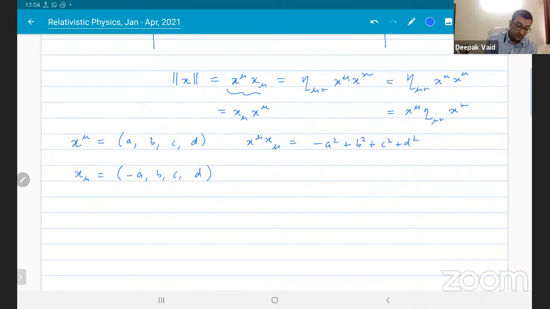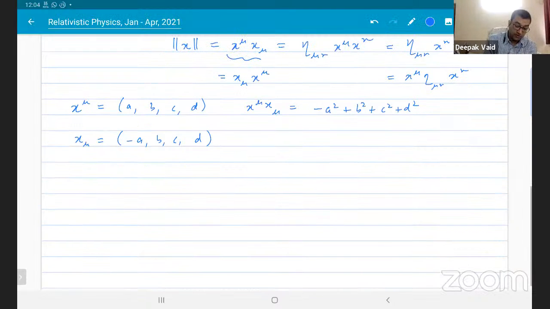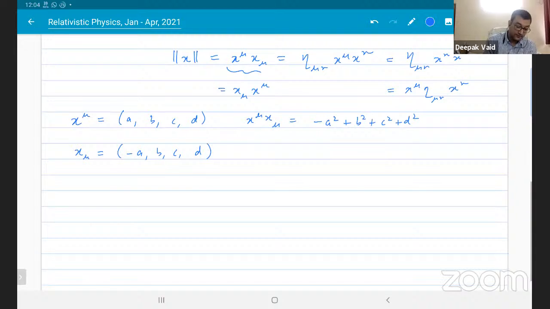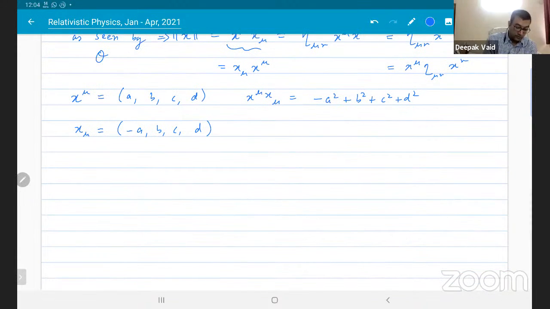Now, I have this expression for the norm of the vector x as seen by O, as seen in the unprimed reference frame. What about as seen by O prime?